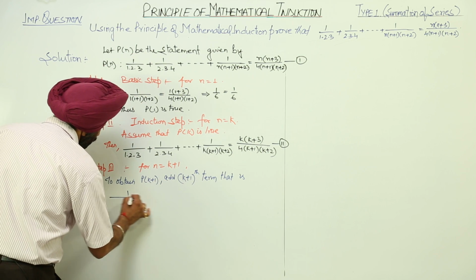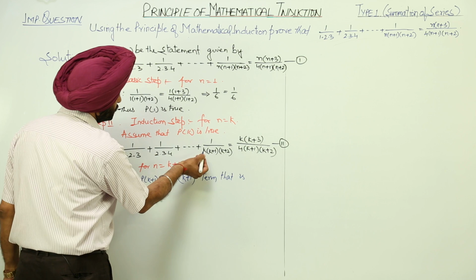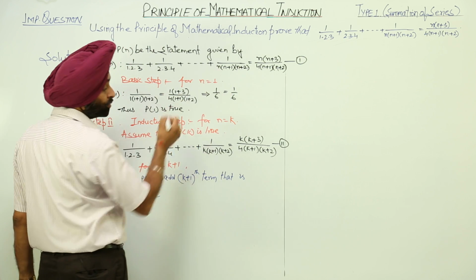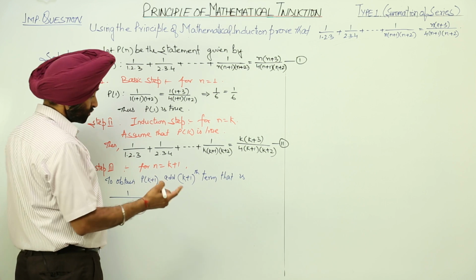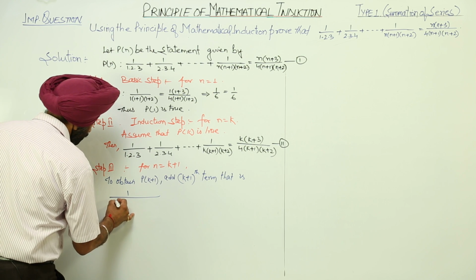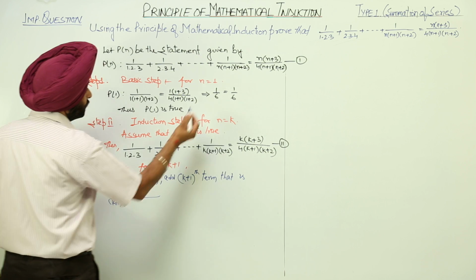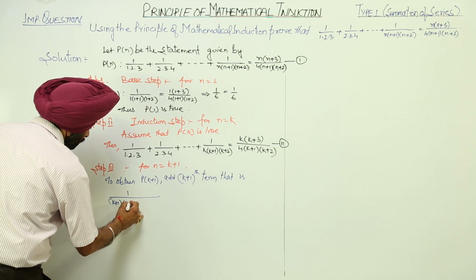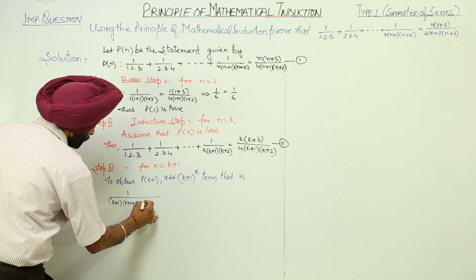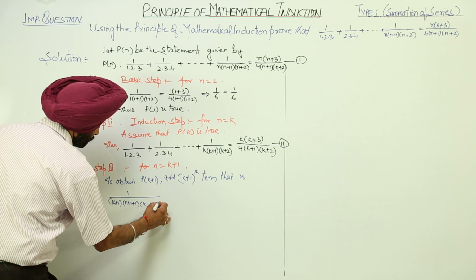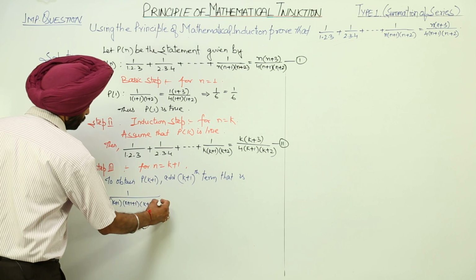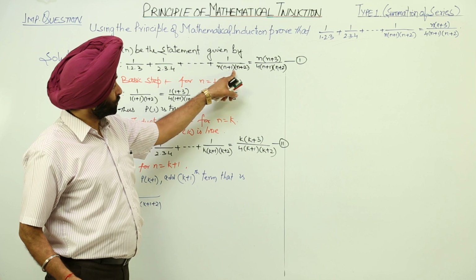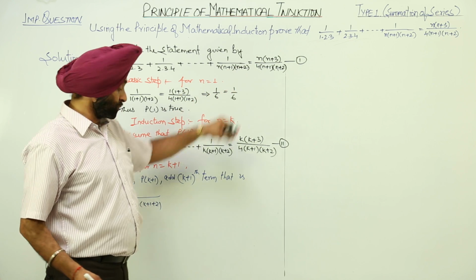Now 1 upon, now in place of this k or in place of this n, I am going to write k plus 1. Okay. So, we are having k plus 1 first thing, then k plus 1 plus 1, and then k plus 1 plus 2. Is it clear? K plus 1, k plus 1 plus 1, k plus 1 plus 2. Okay.